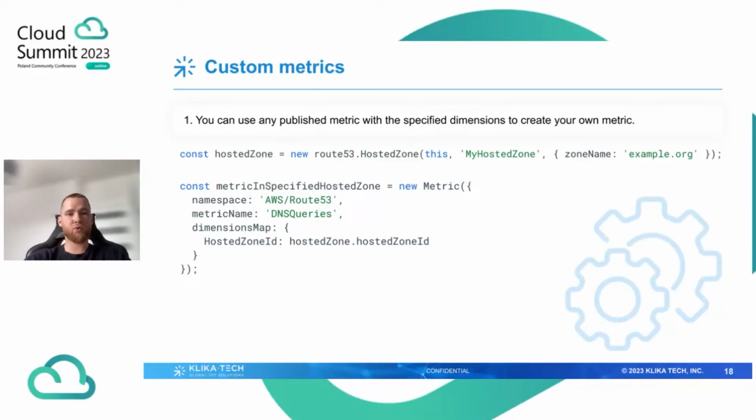By providing a hosted zone ID to this metric using the dimensions map parameter, we are creating a custom metric that is based on the existing DNS queries metric. This metric will track the number of DNS queries, allowing you to monitor the traffic to your domain and identify any potential issues or spikes in traffic in the specific hosted zone. Such custom metrics can be very handy if your application is being used across multiple hosted zones.